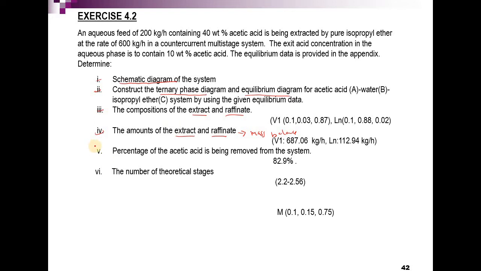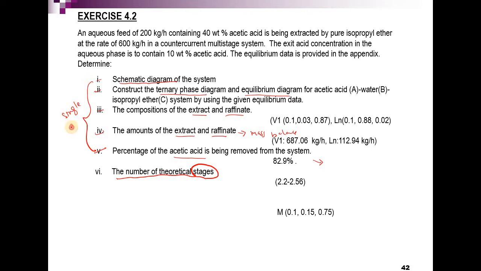Okay, for number 5, the percentage of acetic acid being removed from the system. For the percent of acetic acid removed, you can use the formula. This is also the same as the single stage, which we already did during the single stage topic. So the additional question for multi-stage is the number of theoretical stages. Items 1, 2, 3, 4 and 5 we have covered in the single stage.